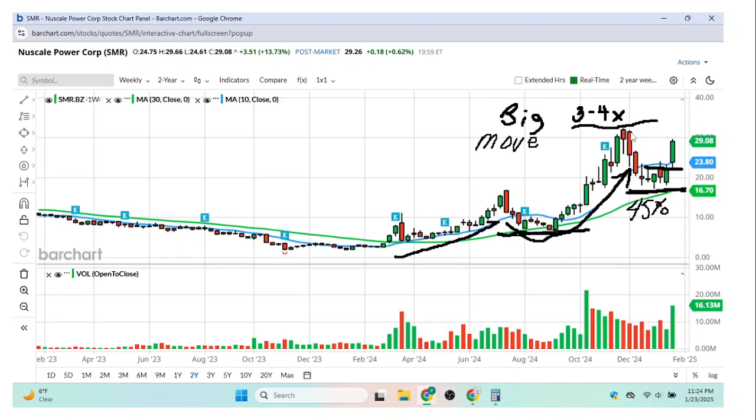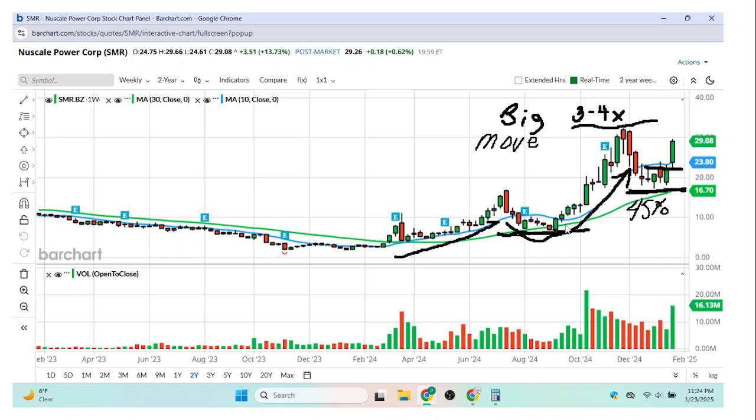Over the next couple months, weeks, whatever, this could be about 5 or 6 weeks, it retraces about 45%. So just under 50%, give or take. Again, I'm just eyeballing that between here and here. Can you see it?